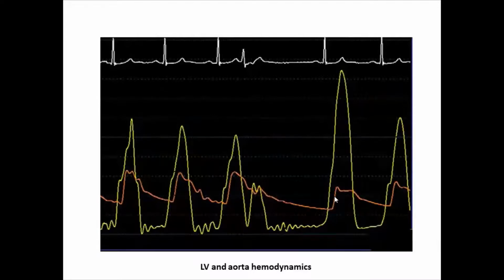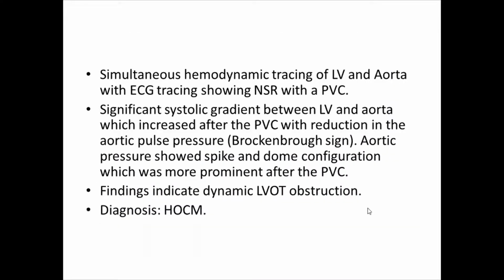This appearance is usually described as spike and dome. So these findings suggest a diagnosis of what? Dynamic LVOT obstruction or hypertrophic cardiomyopathy. Excellent.